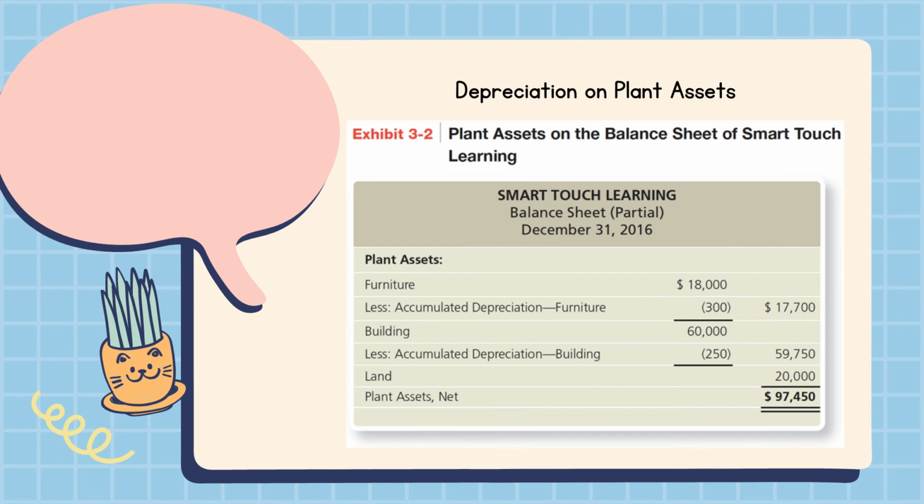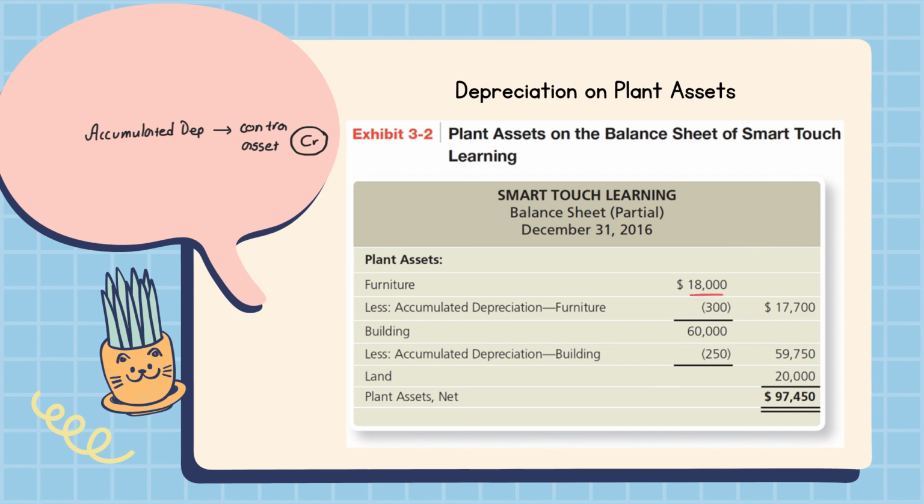Now as we said, accumulated depreciation is a contra asset account. Contra asset means it's credit in nature, it's always on the credit side and it will always decrease your assets or your plant assets. So as you can see here, furniture cost is 18,000.